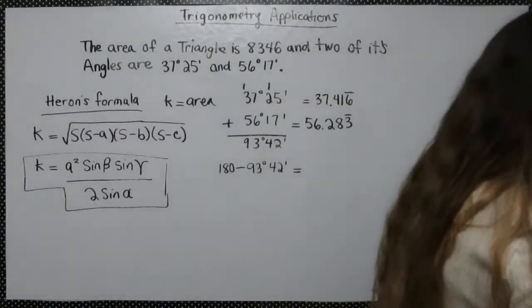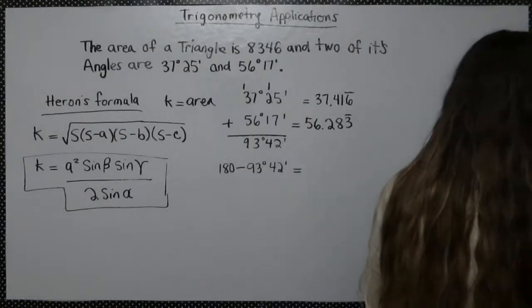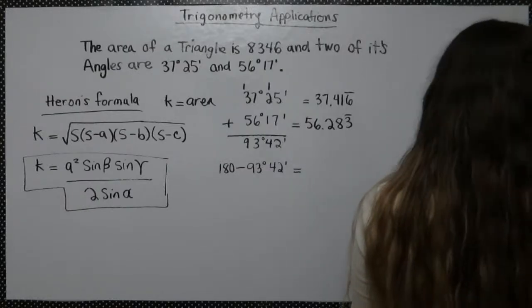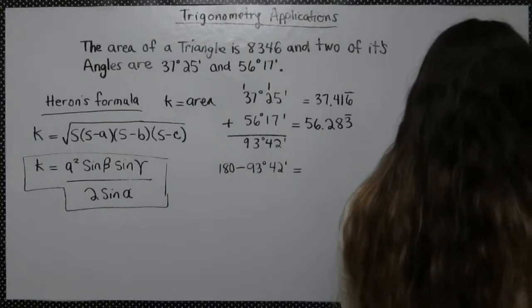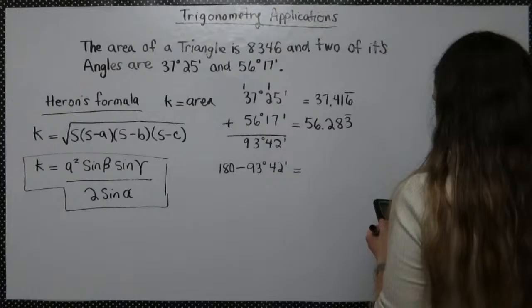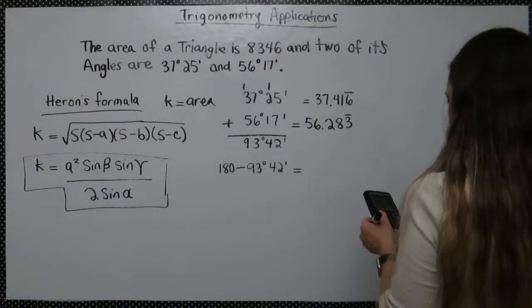And we can go ahead and use a calculator. 180 minus 93 degrees, 42 minutes is 80.